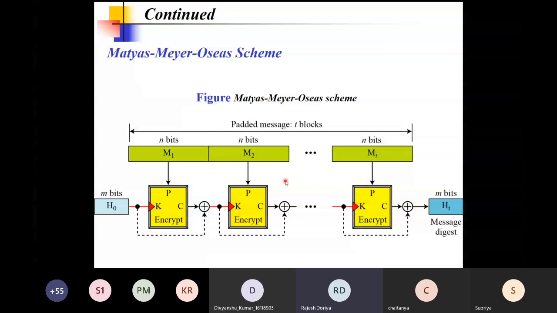The size of the block may vary with the message digest. But in case we have the block size and the cipher key size the same, in that case we have the choice of encryption algorithm available with us.